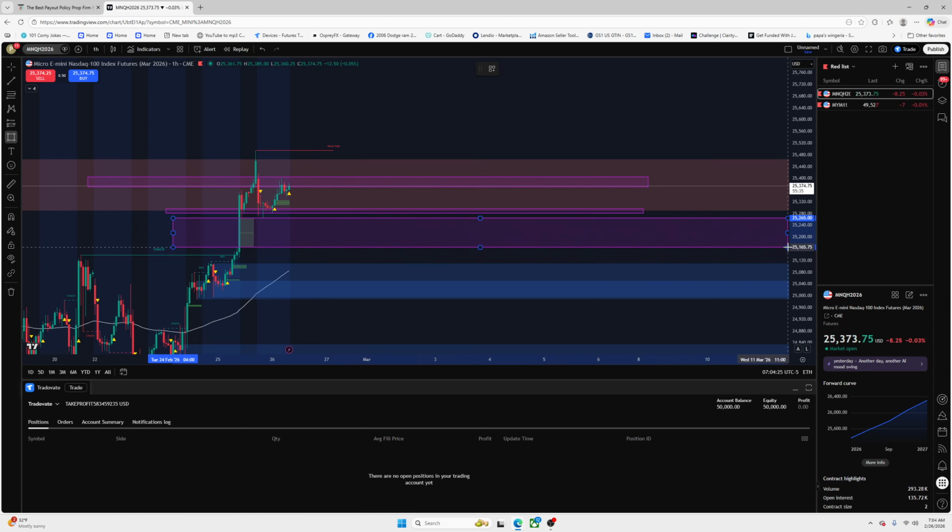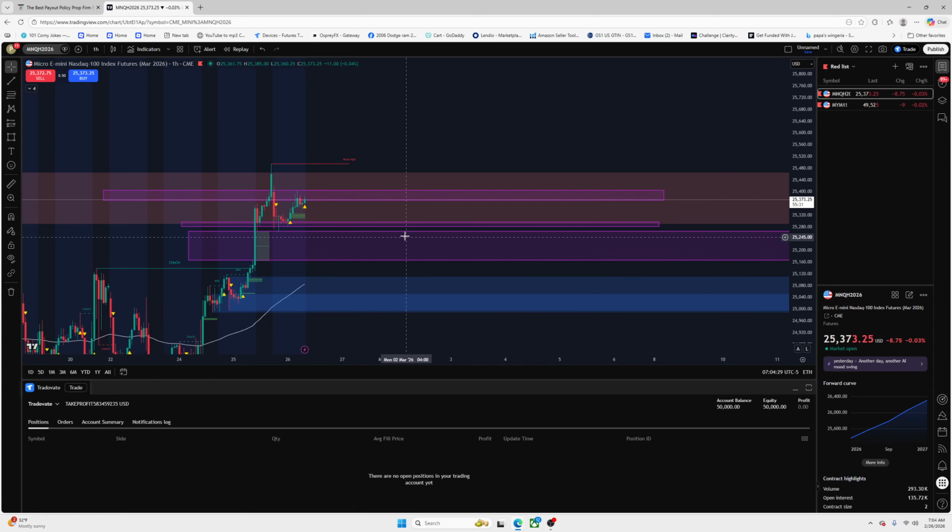Right here. This is our fair value gap. Price comes down here, enters this fair value gap, and then continues to go up, or like I said, continues to just fall. So that's really all we're looking for today.